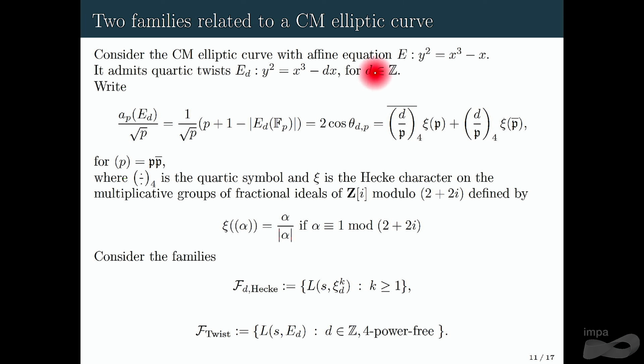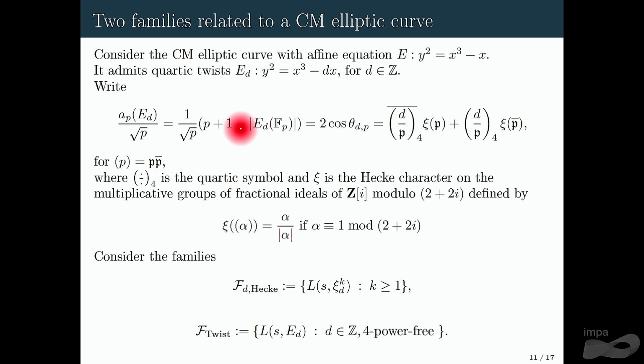This elliptic curve interested us for some reason, and I'm going to explain that later. To this elliptic curve, you reduce it modulo primes, and you count the number of points in F_p.